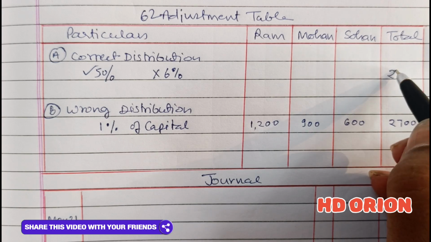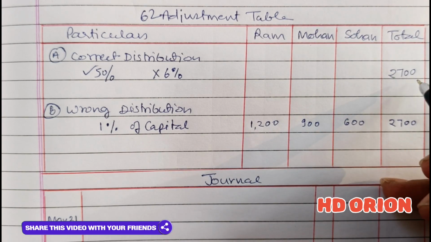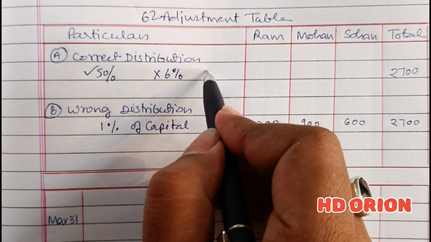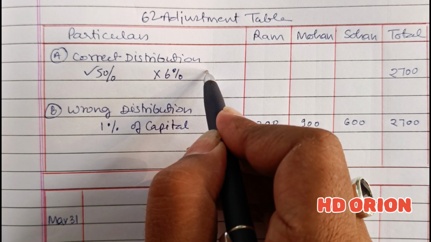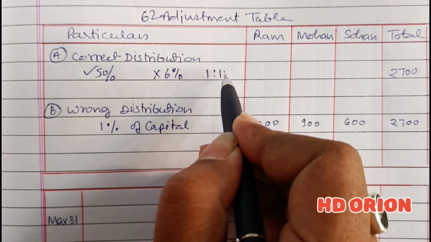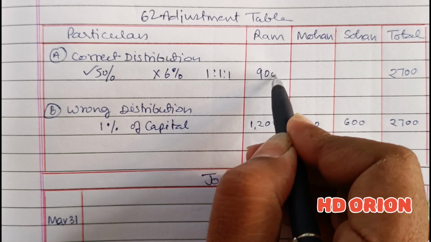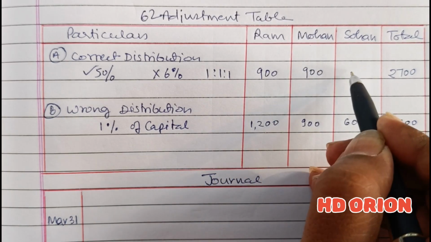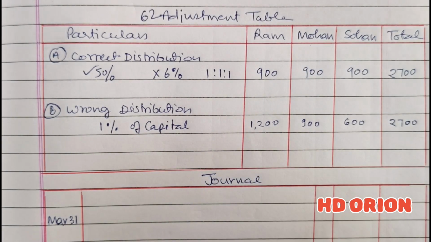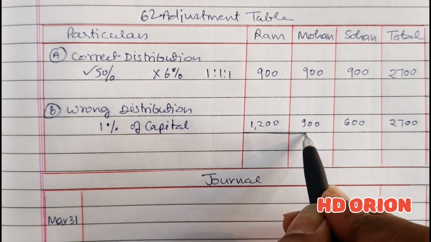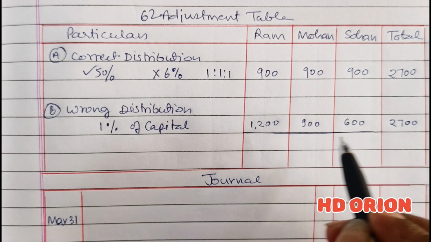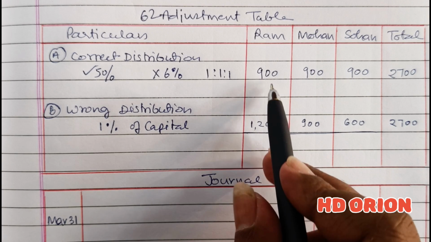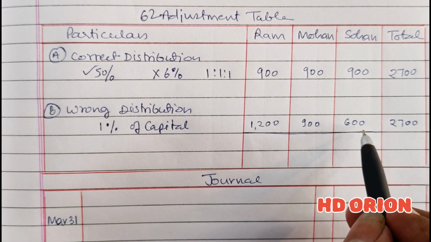So in correct distribution, this 2,700 was supposed to be given to them in their profit sharing ratio, which is equally, that is 1:1:1. So all the partners were supposed to receive 900 each, but by mistake, when more interest on capital was given to them, they have received a different amount.